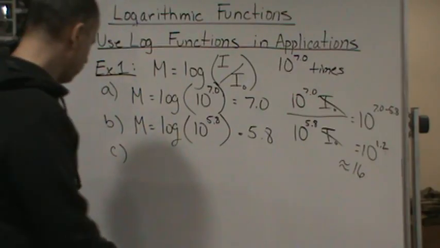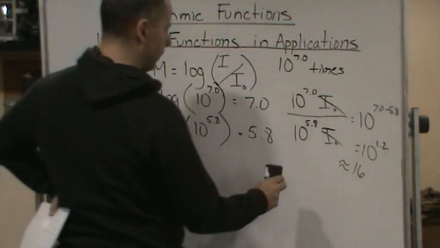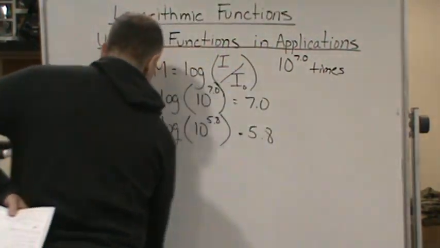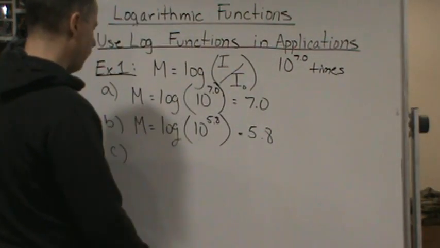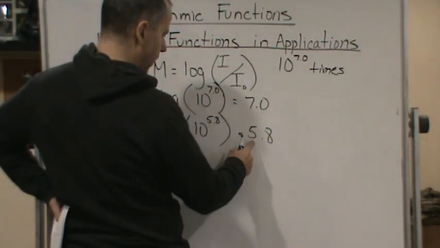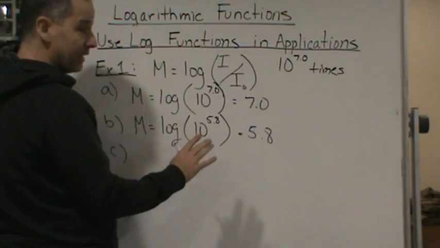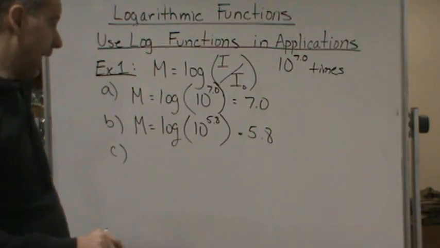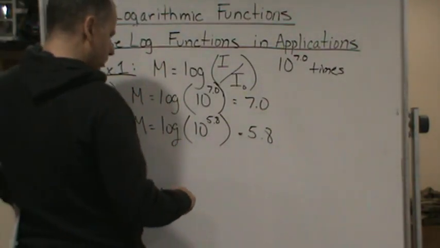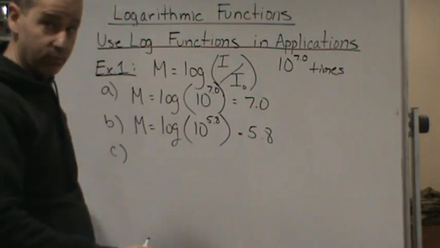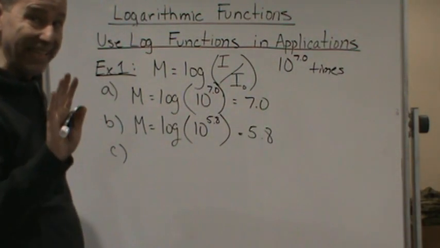Okay, now that was one way we could have done it, but another way is to just look at the magnitudes and compare the two. In this case we wouldn't divide the magnitudes, because these magnitudes are just numbers, so they don't represent intensity.